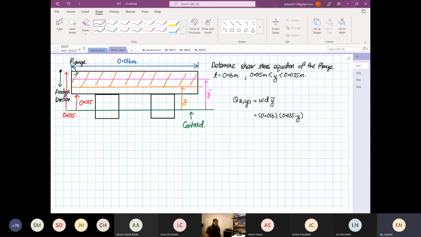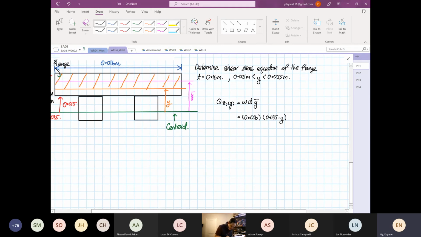So we apply the rules that we have developed. Then from here, the y bar is equal to 0.035 plus y multiplied by half. To quickly summarize, this is your width, this is your depth, this is your y bar.